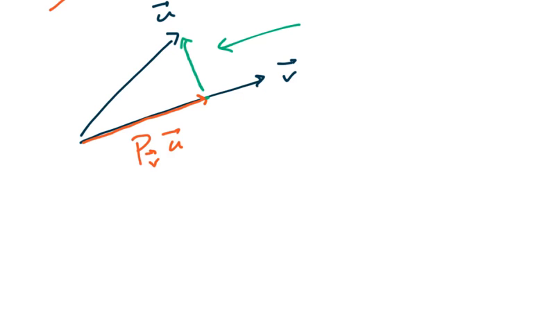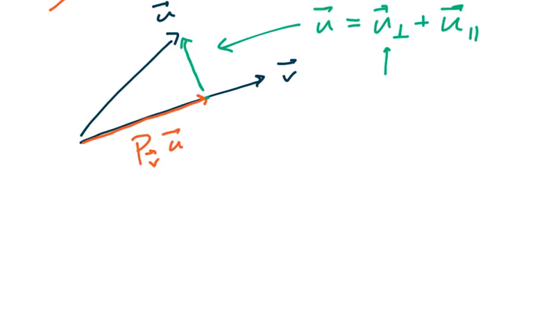That is the fact that u can be reconstructed via what I was calling u perp plus u parallel. Alright, so this is the part of u that is orthogonal to v. That's what this is.